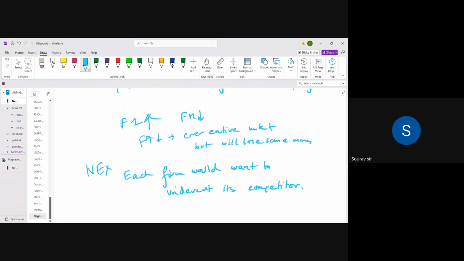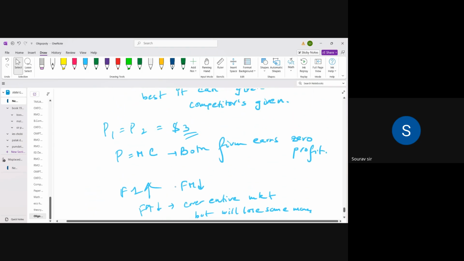Such undercutting will continue until the price drops to $3, as we got from the calculation.